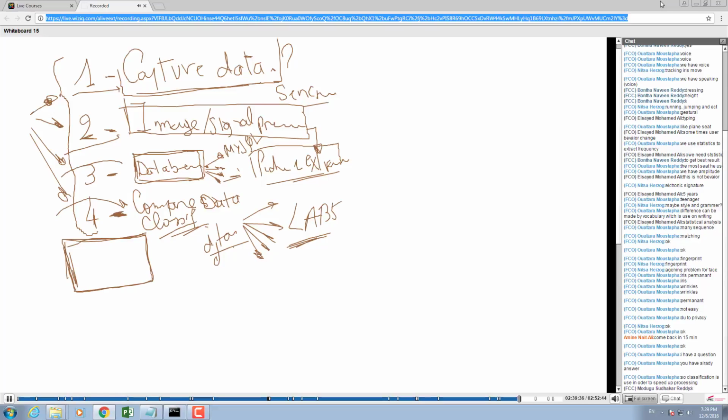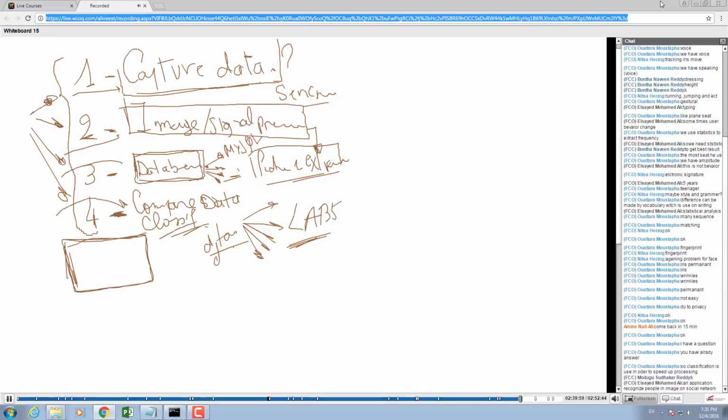I have a question. Classification is used in order to speed up the processing. In fact, certainly when you use classification, you will get a result quickly, it's for sure. In fact, the classification should be used to avoid comparing the captured data with the data which are stored in database one by one.